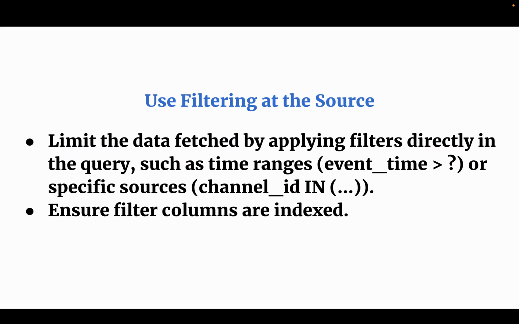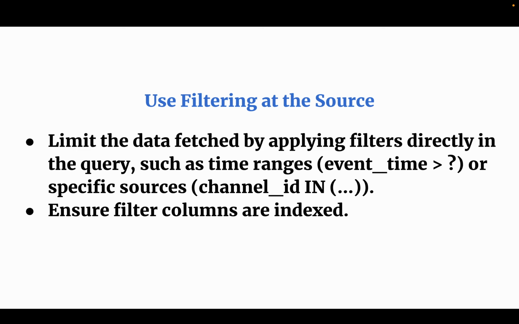Now, let's discuss the importance of filtering at the source to optimize data retrieval. By applying filters directly in your query, such as a time range, like event time, or specific sources like channel ID, you can limit the amount of data fetched, significantly improving performance.